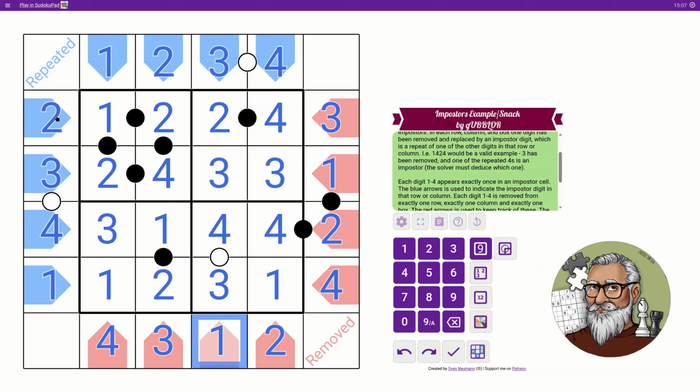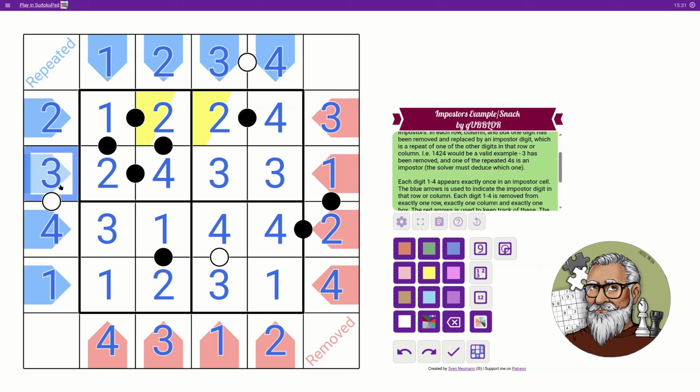That means that a 2 has been added, right? The imposter has taken the shape of a 2. So it's one of those. We're going to use a coloring for that. It's one of those. On the other side, this is a 3. It's saying a 3 has been replaced by the imposter, which is correct.